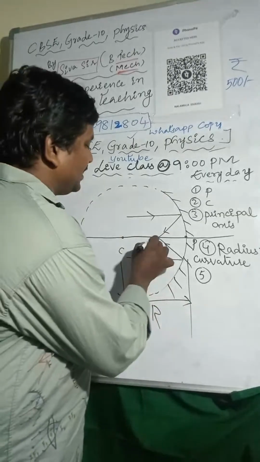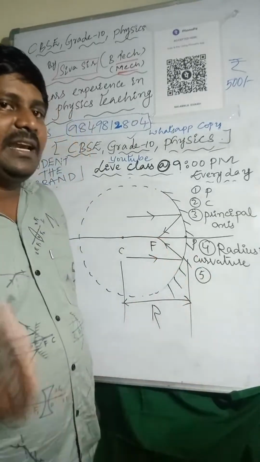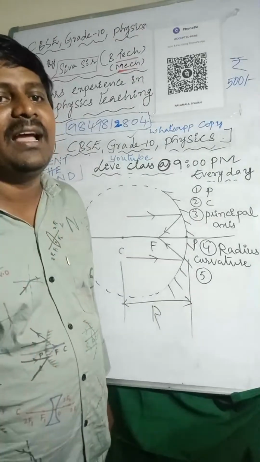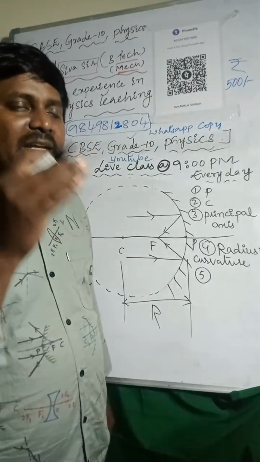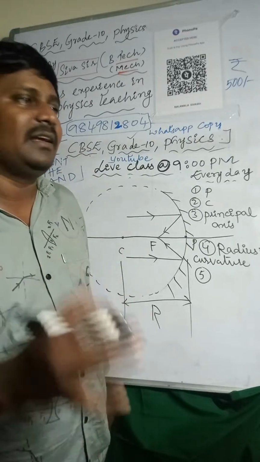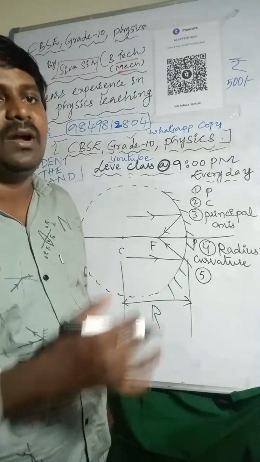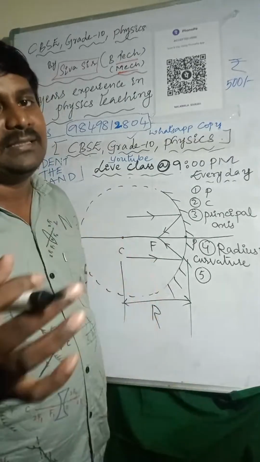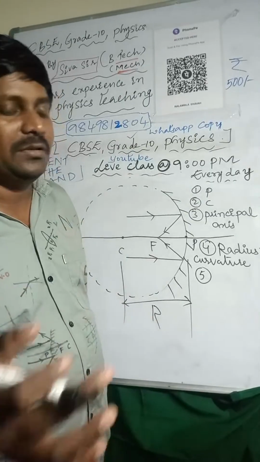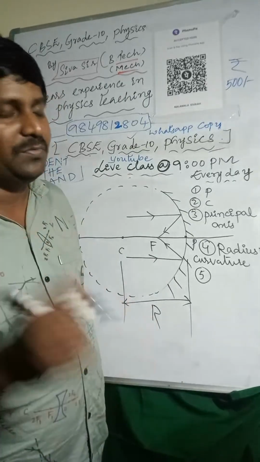What is focus? After reflection, light rays will meet at one point on the principal axis, called focus. This point is also known as principal focus.